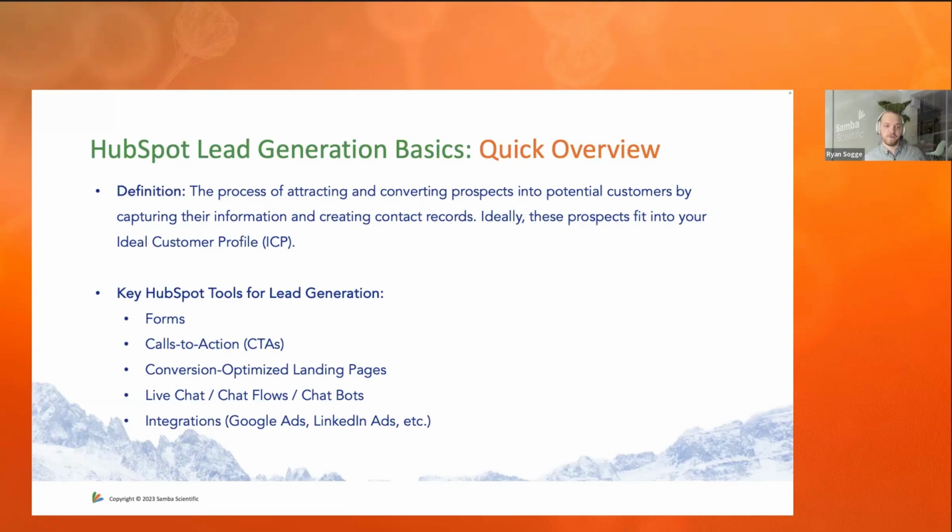HubSpot does offer a wide variety of tools for lead gen, such as forms, calls to action, landing pages to optimize for conversions, chat tools like live chat, chat flows, and chat bots, as well as special integrations with other tools and platforms like Google Ads and LinkedIn Ads.